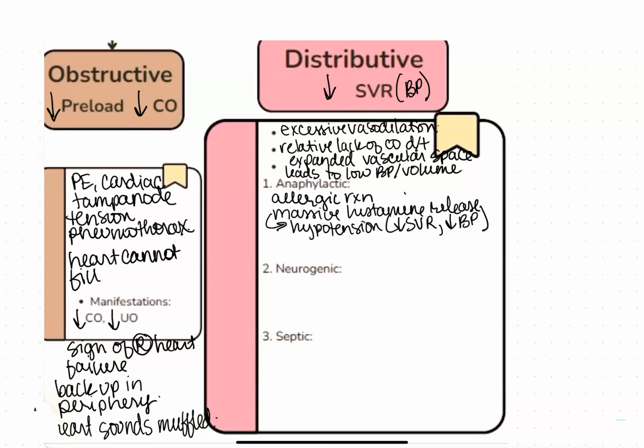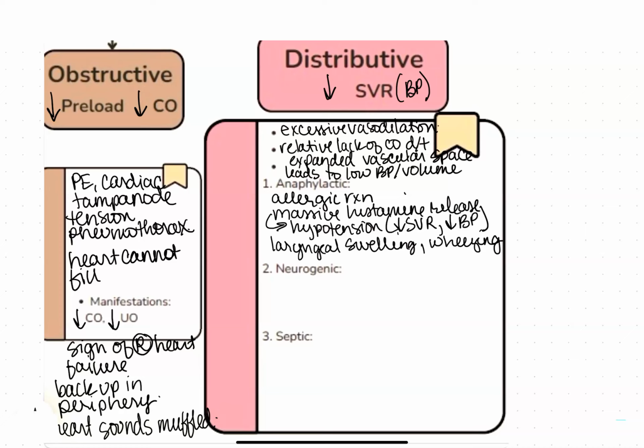Along with this hypotension, you will also see other symptoms such as laryngeal swelling and wheezing. This is why epinephrine or EpiPens work well.